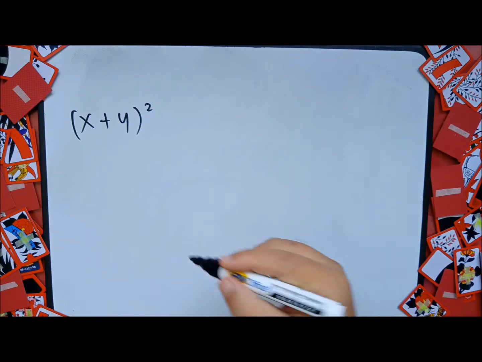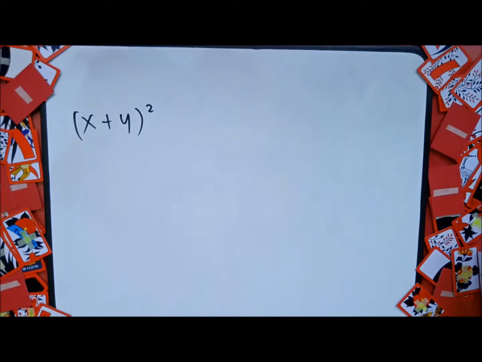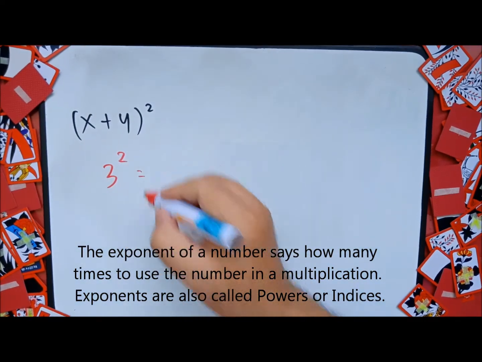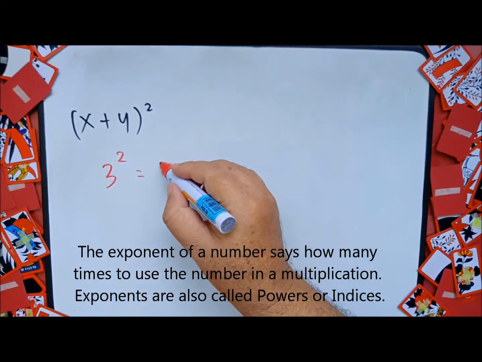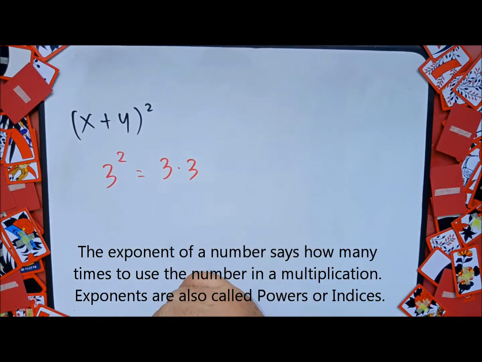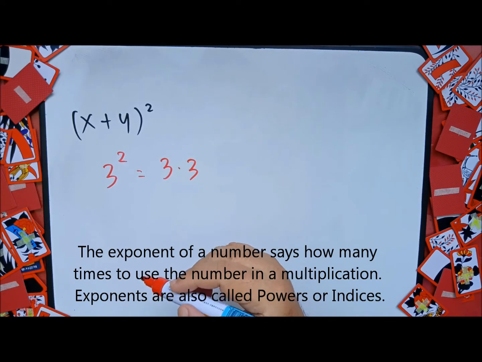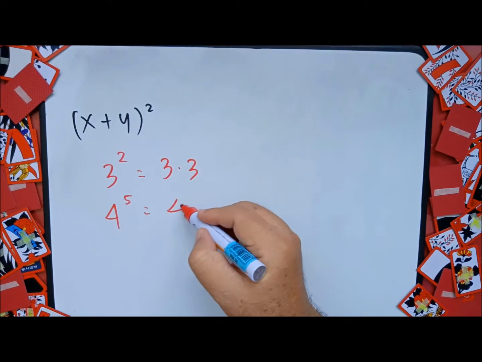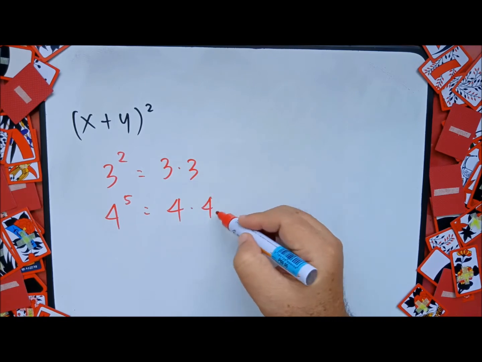For example, 3 squared. We have to multiply this number to itself. It's not the same as 4 to the 5th power, where we have to multiply 4 five times.